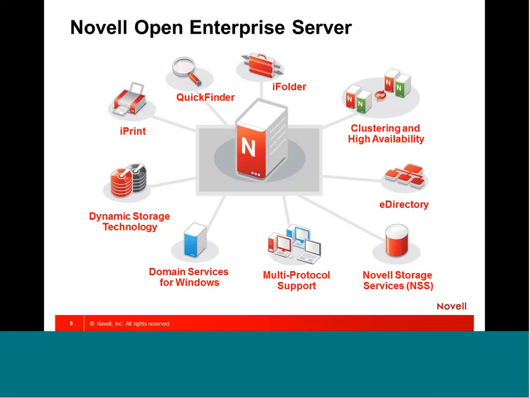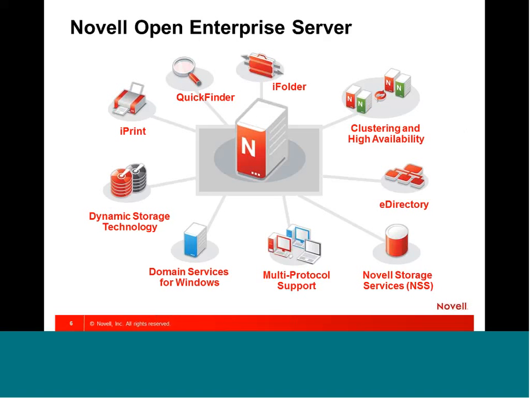So here's a highlight of Novell Open Enterprise Server. These are the high-level categories, everything you get in the box. All those same services you got with NetWare, you get with OES 11, but you also get the new added benefits that come with moving to Linux.